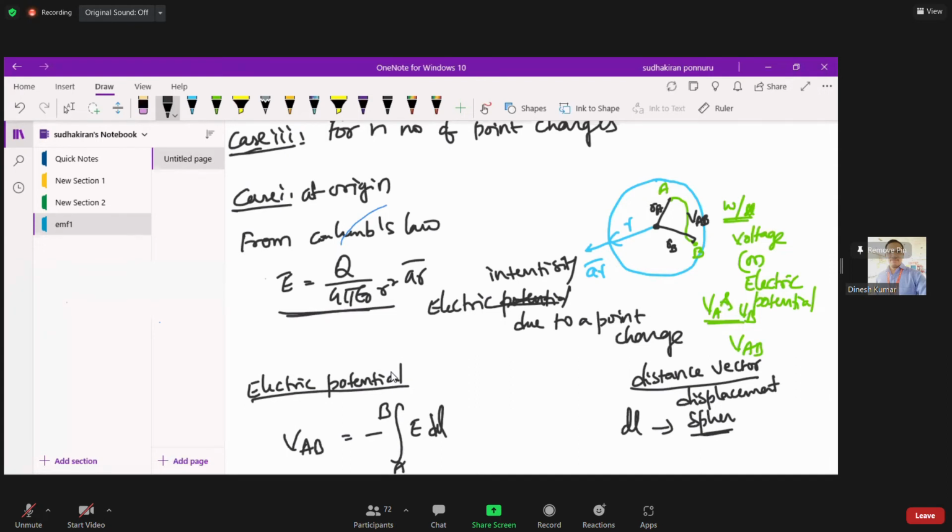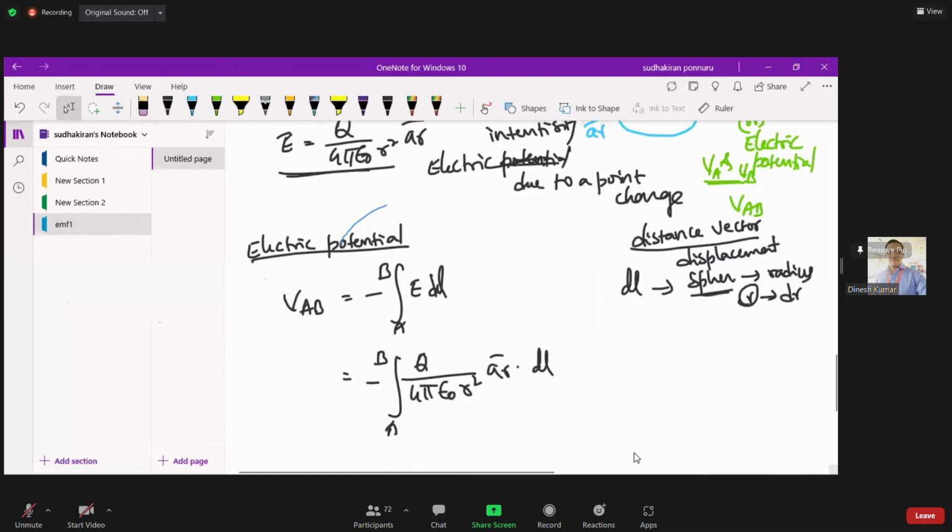In a sphere, we express it with respect to the radius, and that radius is r. Of the complete r, a small differential element is dr. This dr is along AR bar. So what will be the value of dl bar? dl bar is equal to dr into AR bar.